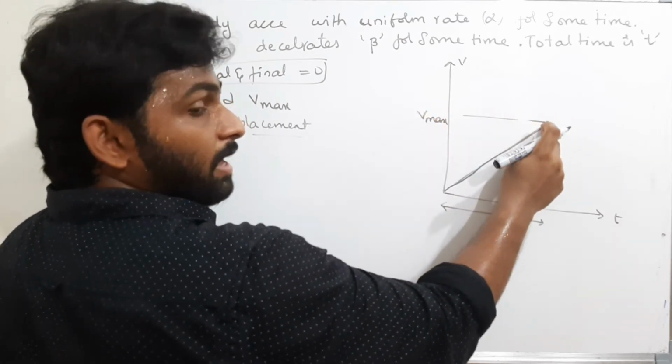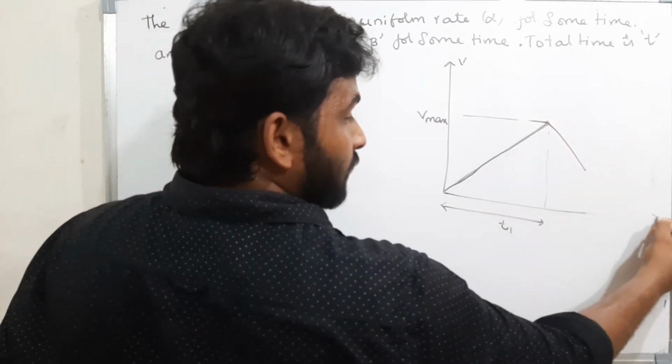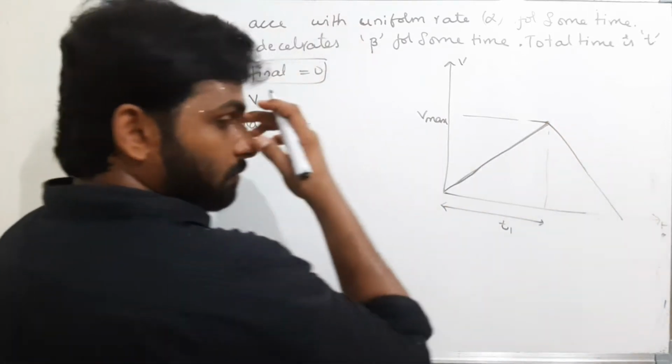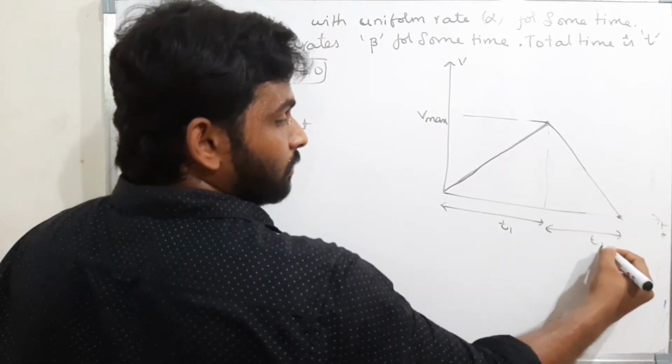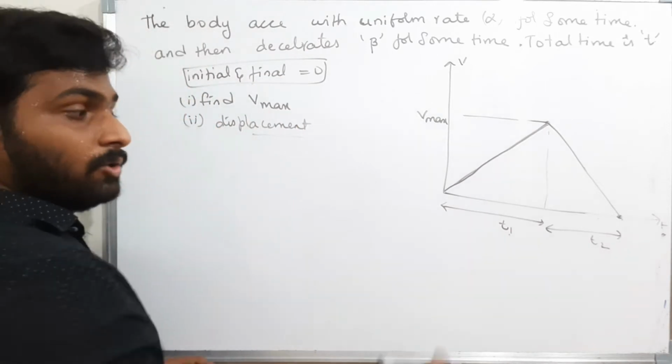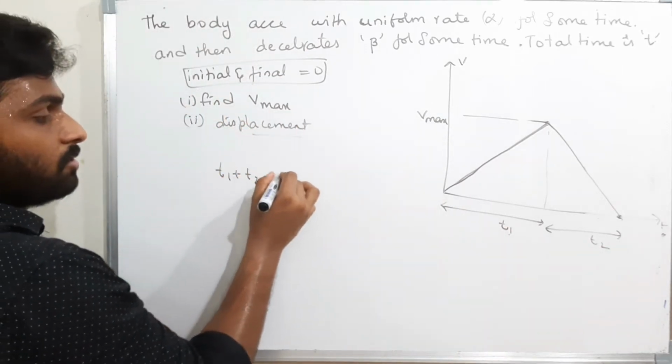Once it achieves the maximum velocity, the body is decelerating with a retardation beta. Finally the velocity becomes 0 after time t2. I am assuming t1, t2. The total time they gave us is t, that means t1 plus t2 is equal to t.